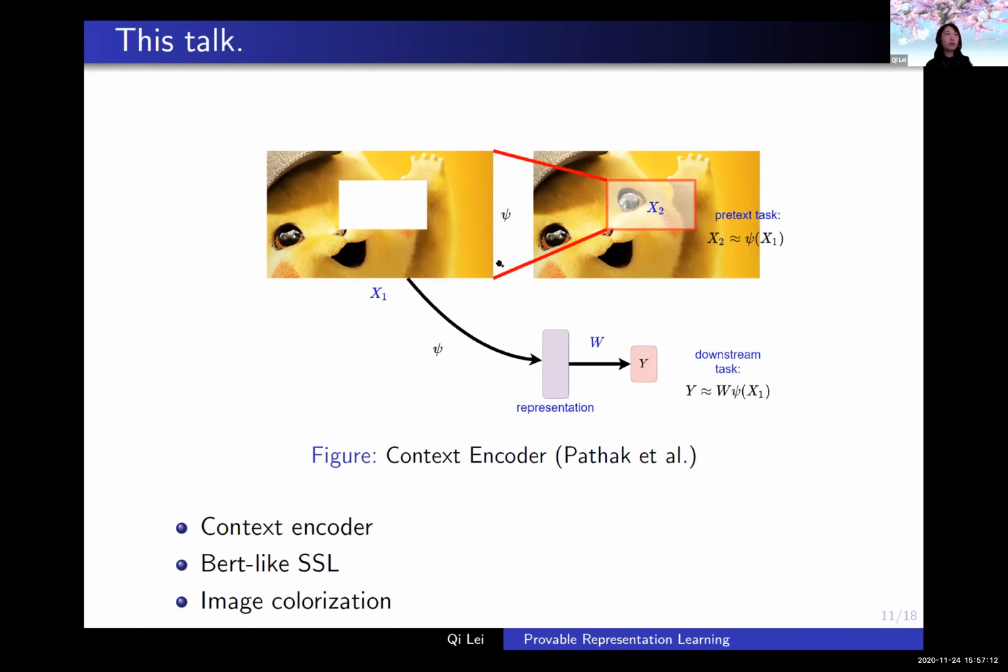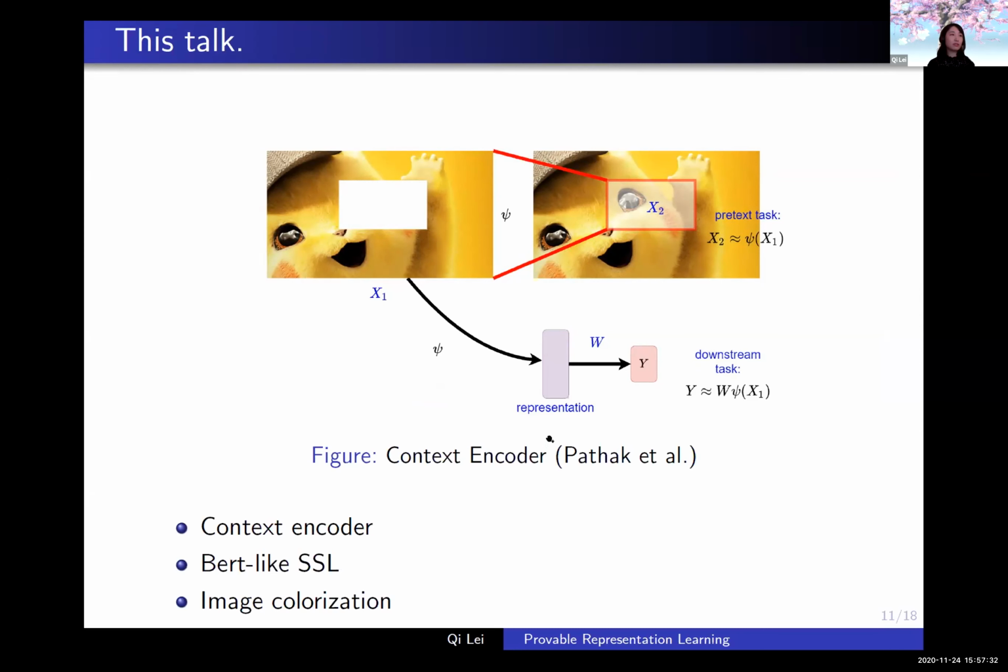Basically, you mask some part of the input and predict it from the other part. Your representation is what you learn when you fit x2 by x1. For downstream tasks, you again just wrap a linear layer on top.